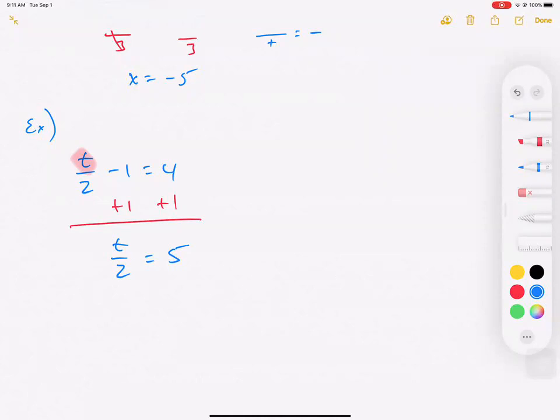Now here, what should we do next? Let's take a look at the poll. Okay, what should we do next to solve for t?